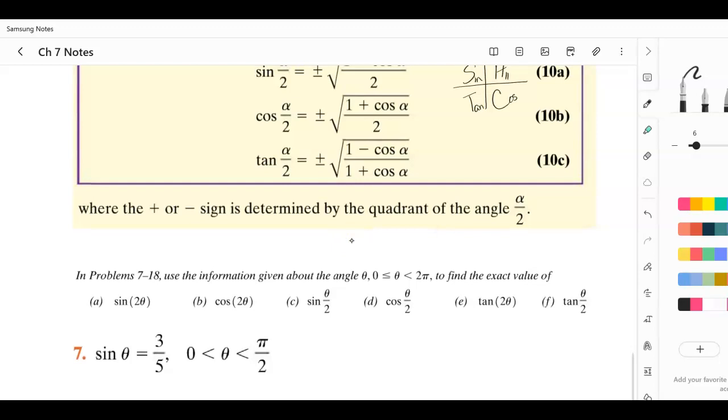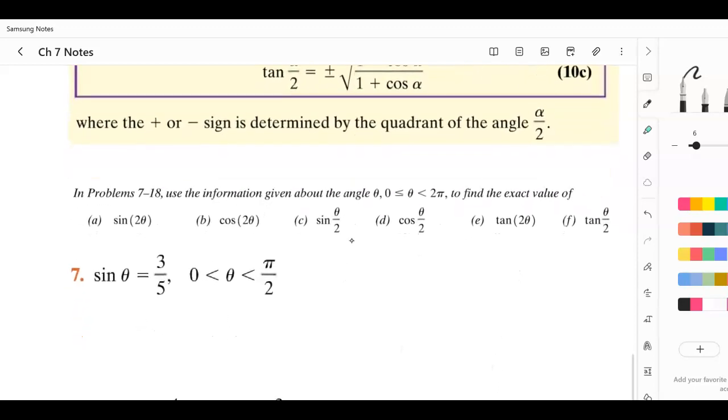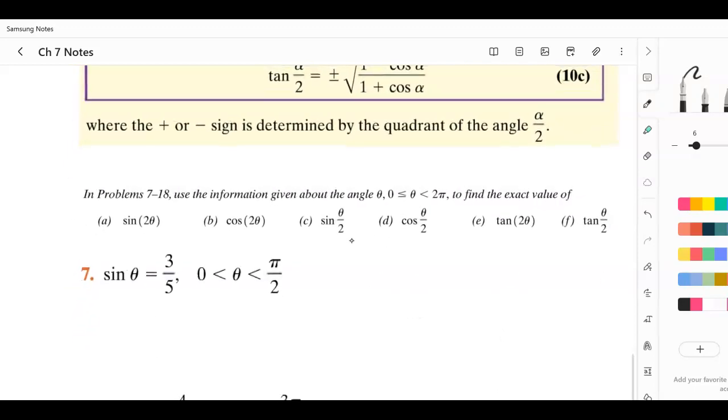We've got sine of theta is equal to 3 over 5. They're telling us where theta lives. In this case, theta is between 0 and pi over 2, which means it's located in the first quadrant. So let's draw a picture of what's going on.